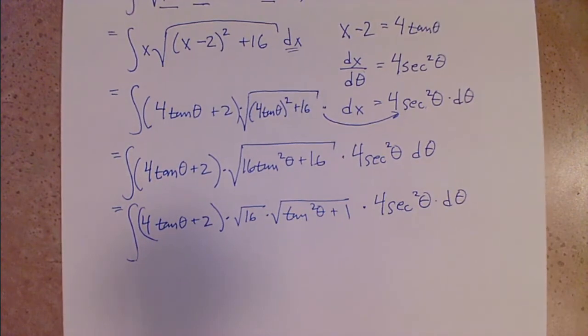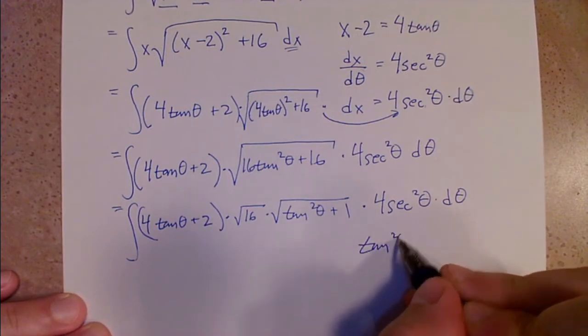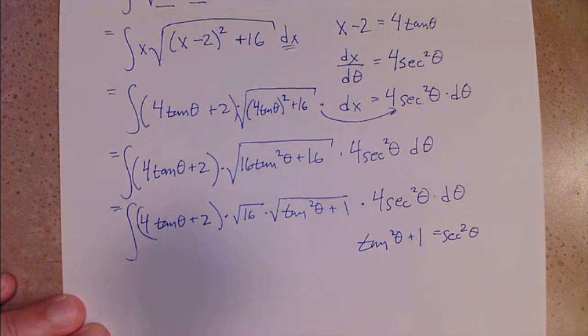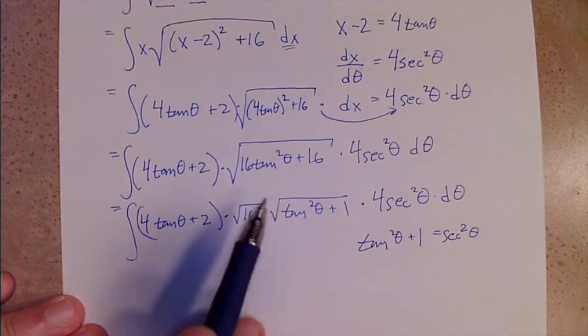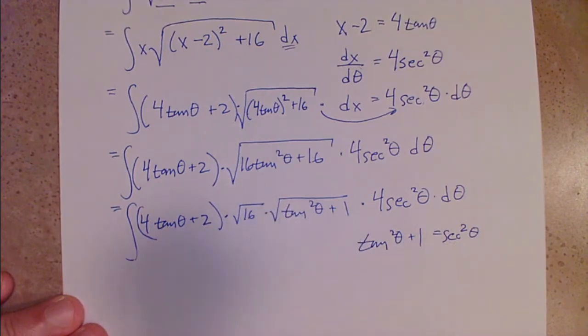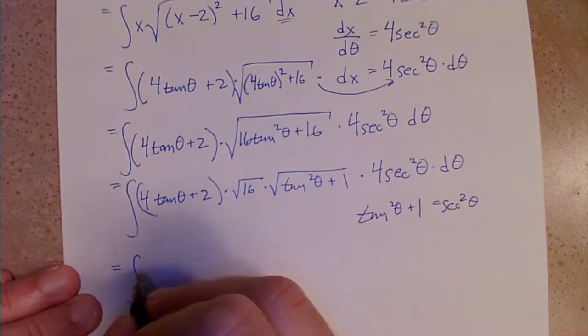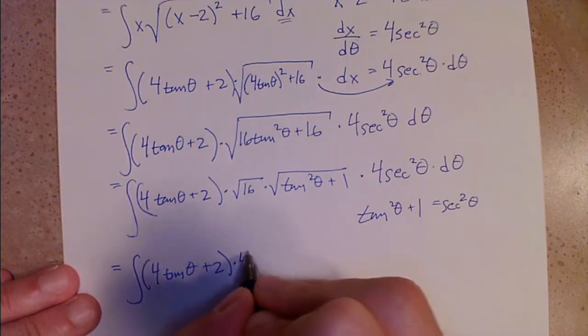Not only is this a trig sub problem, I'm also going to use my trig IDs because remember that tangent squared theta plus 1 equals secant squared theta. And the nice thing about that is I'm taking something that's added under a radical, replacing it with something squared under a square root. Those will cancel. Square root of 16 is 4. So I get the integral of 4 tangent theta plus 2 times 4.